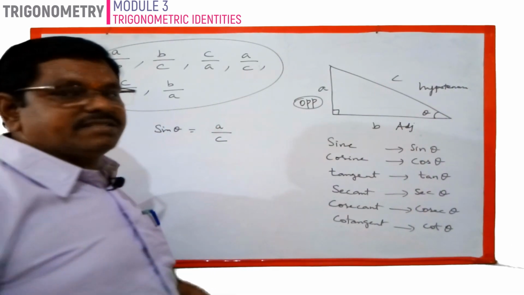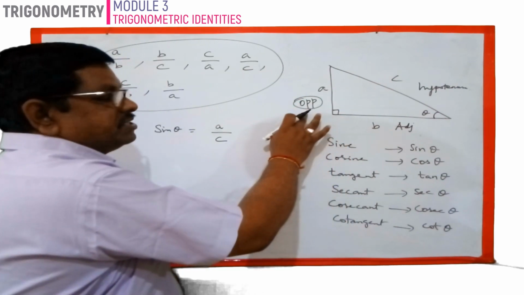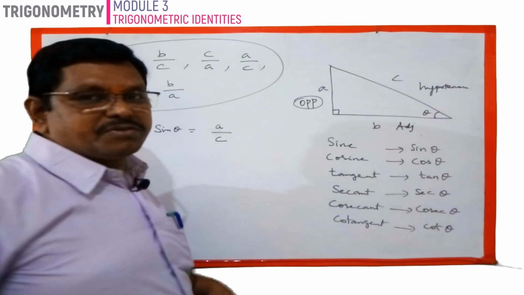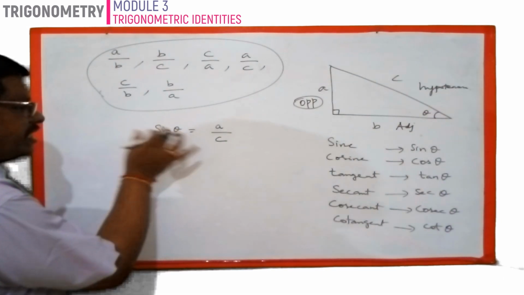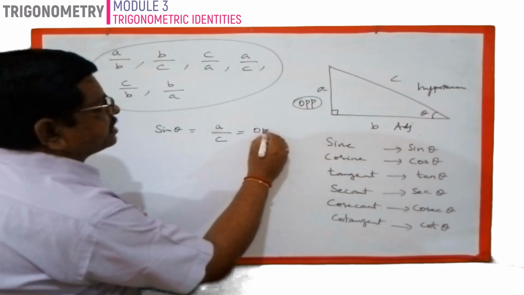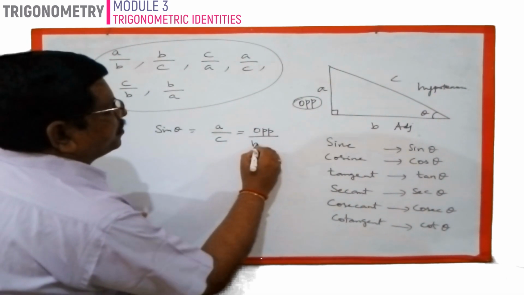Now see the sides. Side A is the opposite side, side B is the adjacent side, side C is the hypotenuse. So here we are defining sin theta as the ratio of opposite side by hypotenuse.